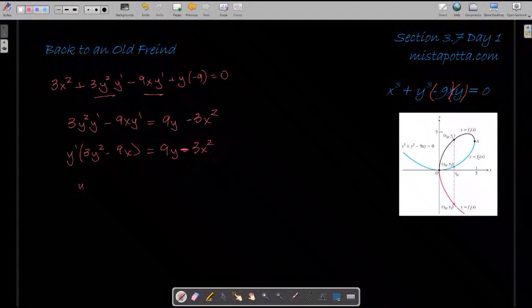Then I can solve for y prime, and I end up with 9y minus 3x squared over 3y squared minus 9x. And so this is going to describe our slope.